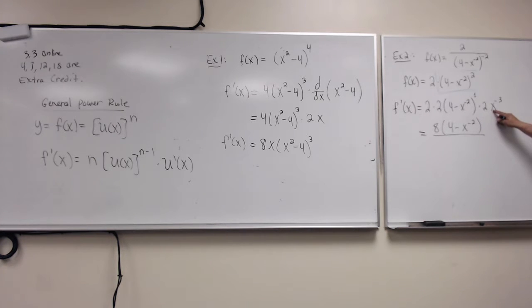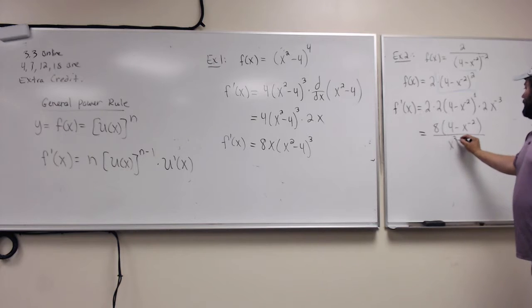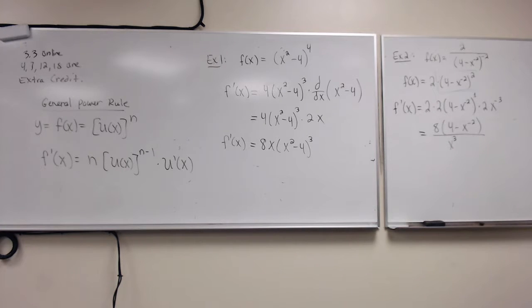And then instead of doing x to the minus 3, I can divide by x cubed. So the 2 times 2 times 2 gave me the 8. I kept the 4 minus x to the minus 2 in the numerator. And the x to the minus 3 I just brought down with a positive exponent. And there would be your derivative.